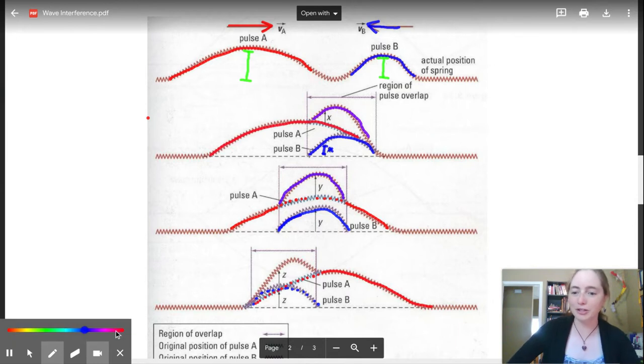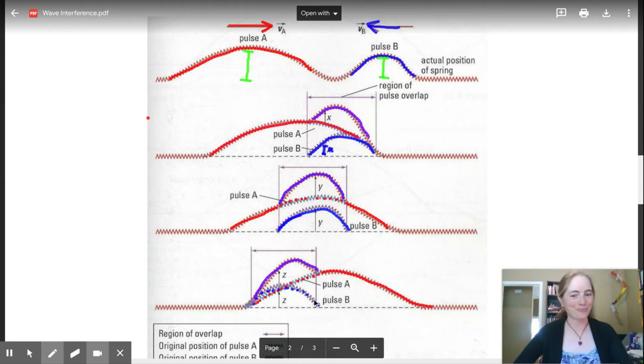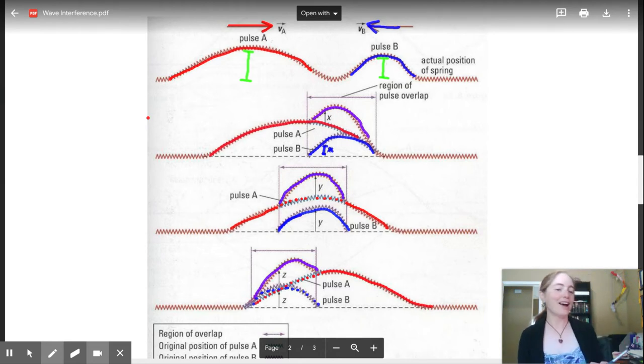We add the amplitudes. So we're going to wind up with this purple wave between them. That, ladies and gentlemen, is essentially the law of superposition. The waves are going to add as they collide.